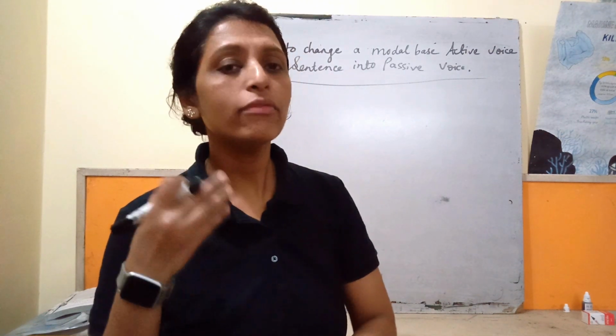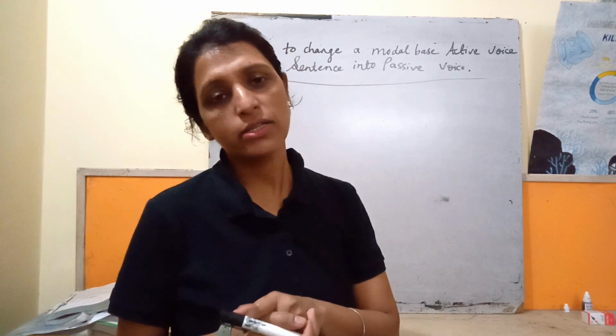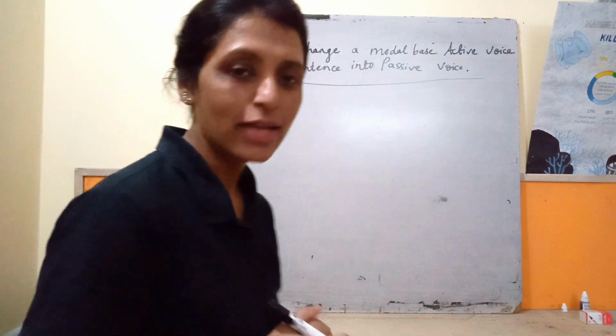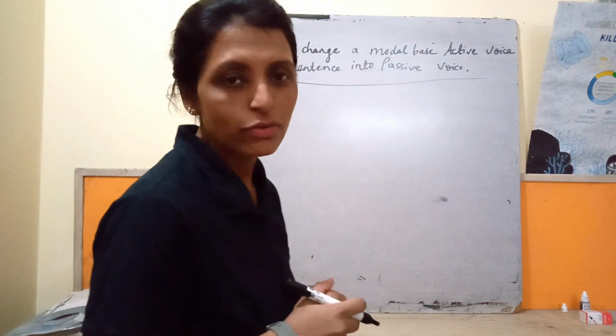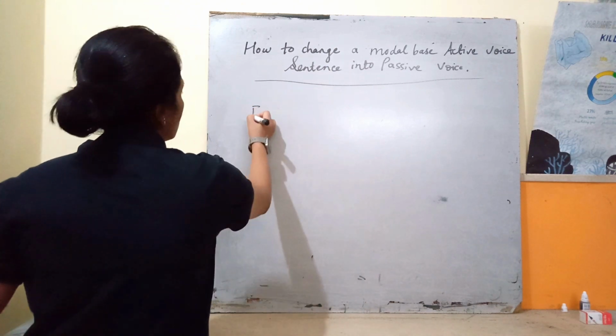I will tell you in this video how we can change an active voice sentence that is modal based into passive voice, with the help of a few examples. So let's see how to change active voice into passive voice that is modal based.